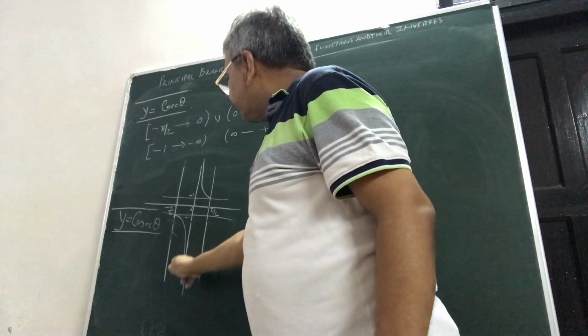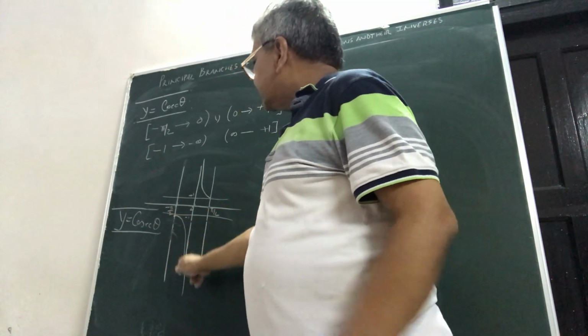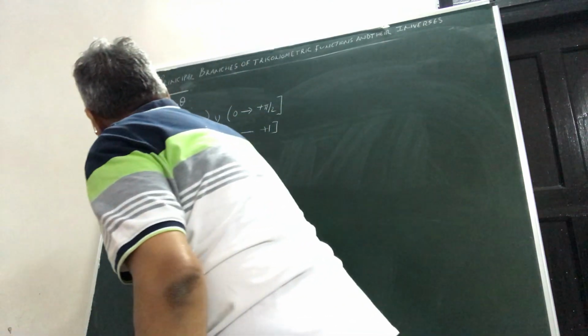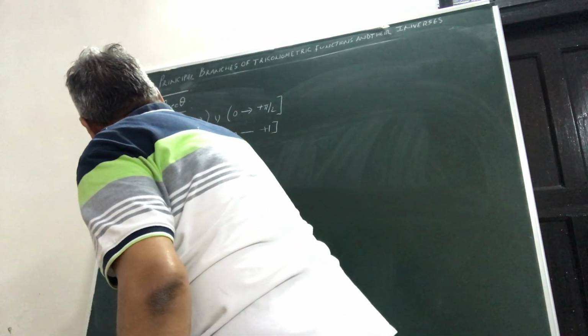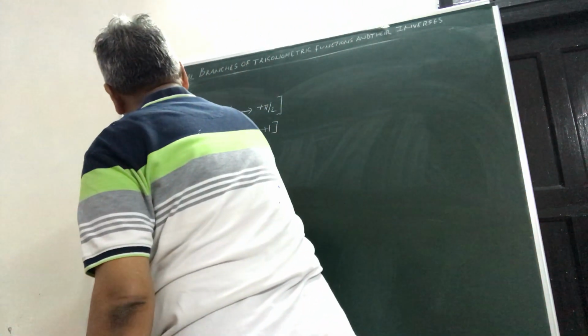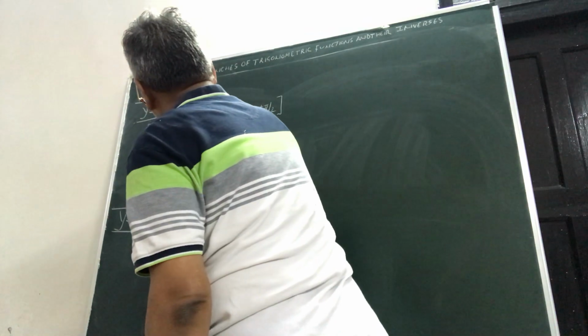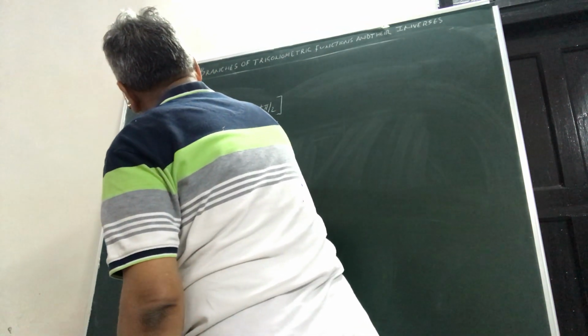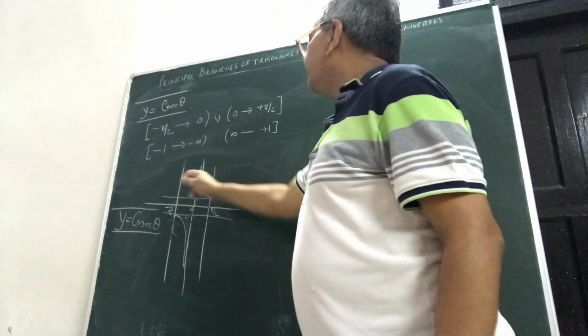Here, in this branch, all possible values from minus 1 to minus infinity are being taken. Here it is minus 1, and then see, as you are coming nearer to 0, the values are heading towards infinity. And as you are going to 0 on the positive side, values are heading towards infinity. And when you are coming to pi by 2, the values are all coming to plus 1.